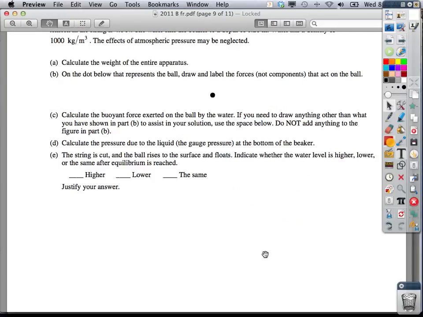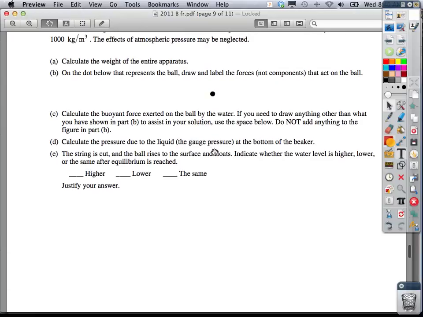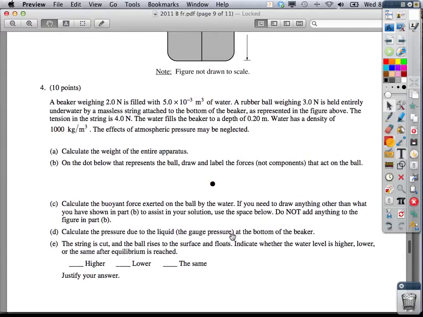Okay, then calculate the pressure due to the liquid, the gauge pressure at the bottom. Remember, gauge pressure is the one where you can follow their advice. The effects of atmospheric pressure may be neglected, right? Gauge pressure is just the weight of the water above you.